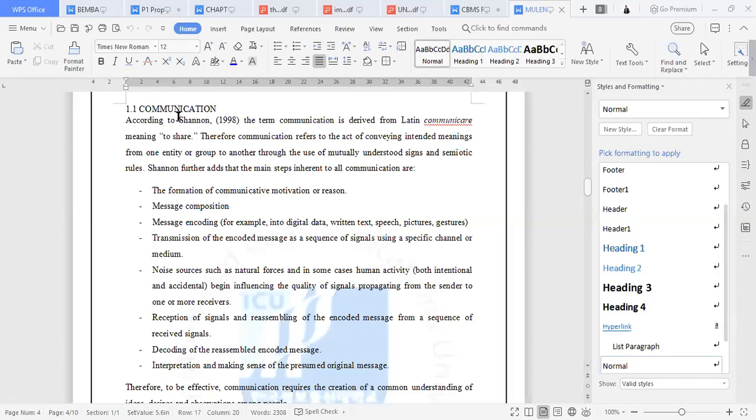Okay, so for example, look at this. According to Shannon, 1998, mostly it is advisable you also include the page number. So like this, we're going to know. Then say communicare and everything.